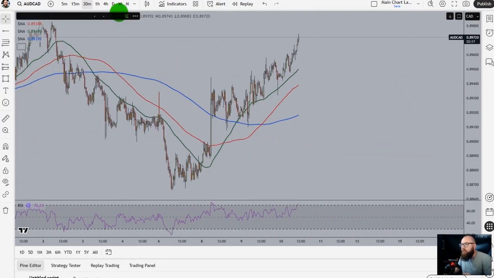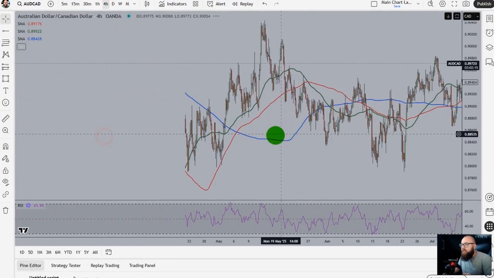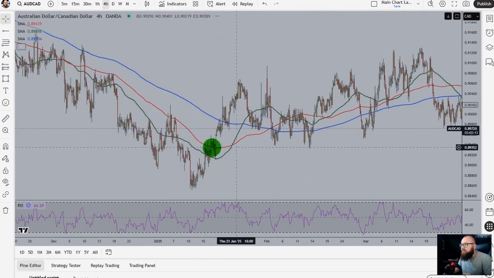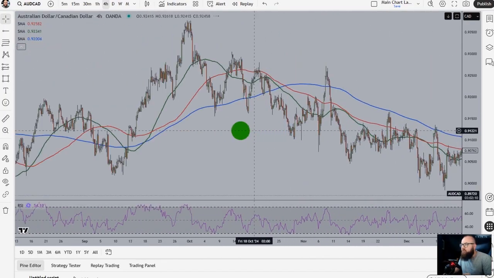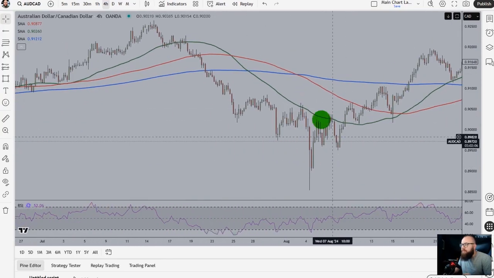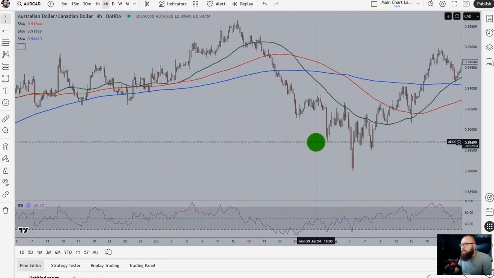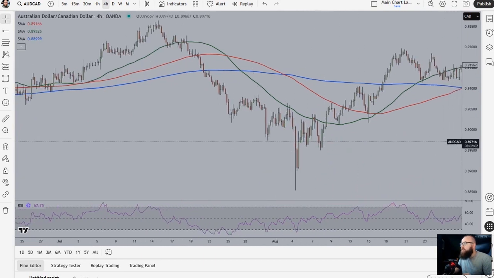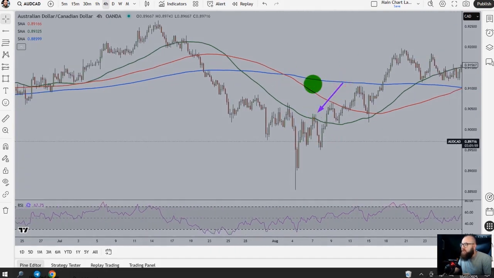So let's say we can just spot an inverted shoulder pattern. Let's just scan through. Okay, so there's one here on the 4 hour. Okay, this one's not as clear because this swing high is actually slightly lower.